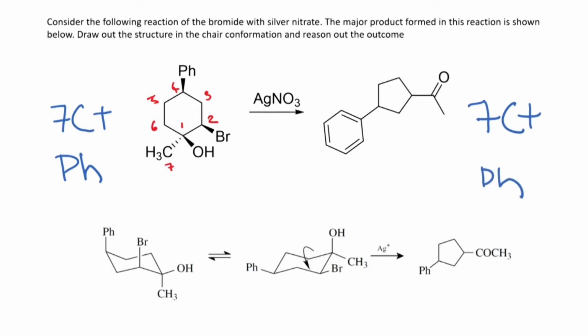So clearly the bromide is gone and the C-OH has now become a C double bond O of some sort. One of the ways to understand this reaction is that maybe we can just look at the mechanism briefly and then come back to the stereochemistry.